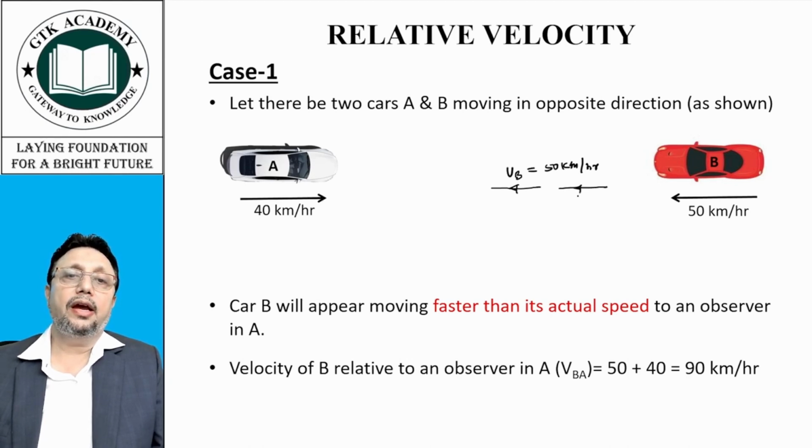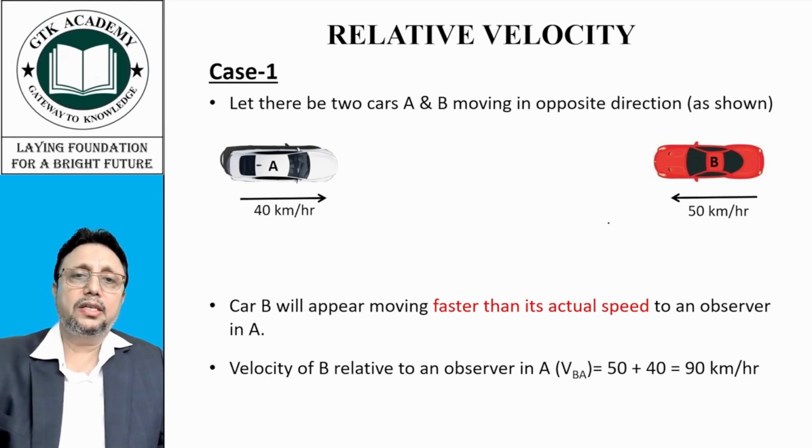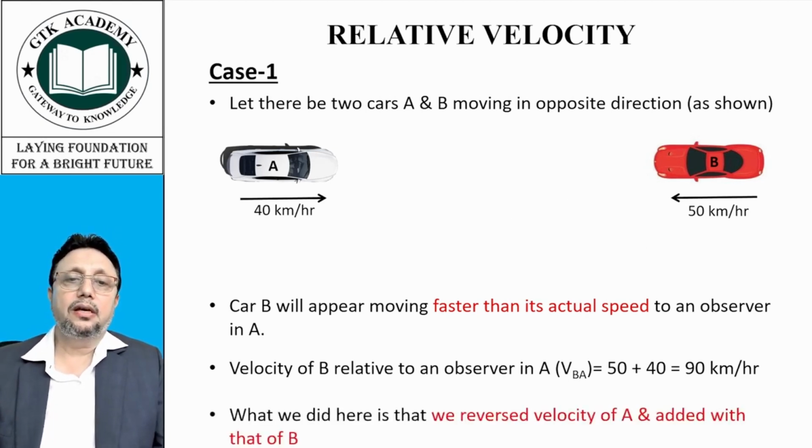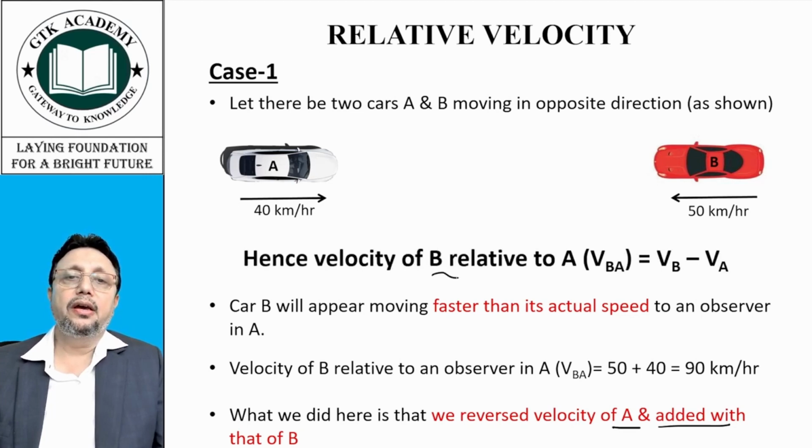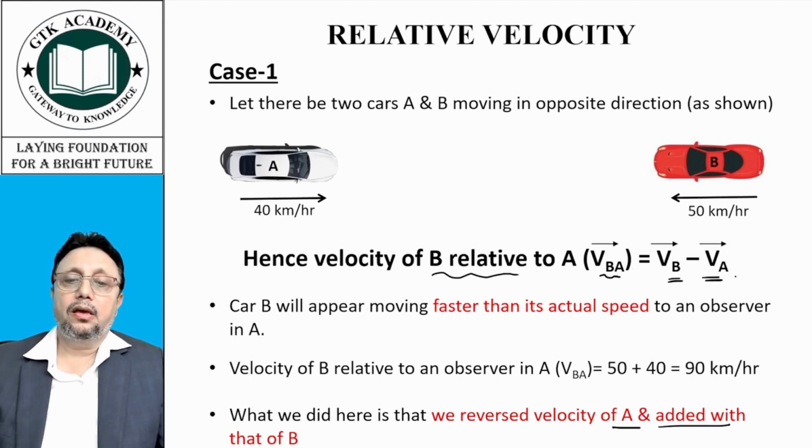That means we added VA, which is equal to 40 kilometer per hour, and we got 90 kilometer per hour. That means we reverse the velocity of A and add it with that of B. Hence, velocity of B relative to A is equal to VB minus VA. Right.